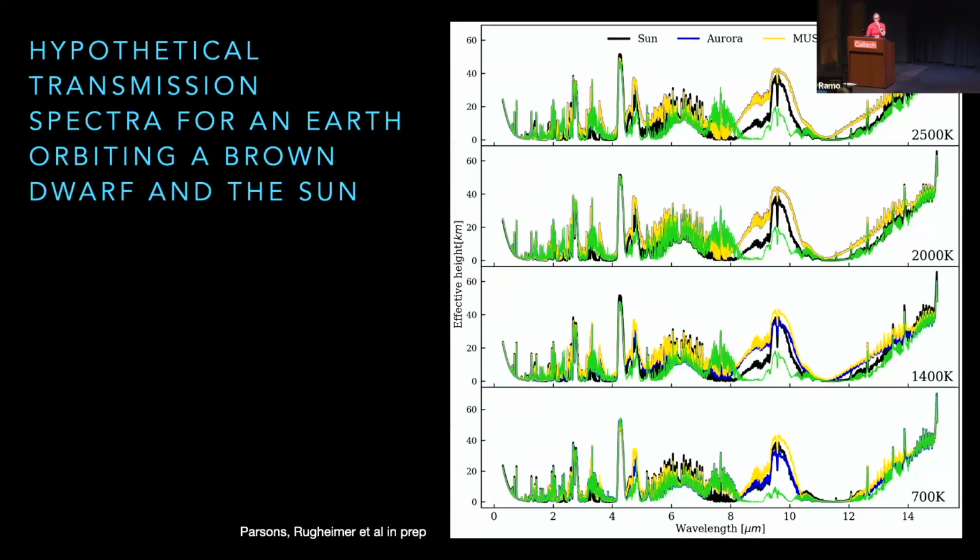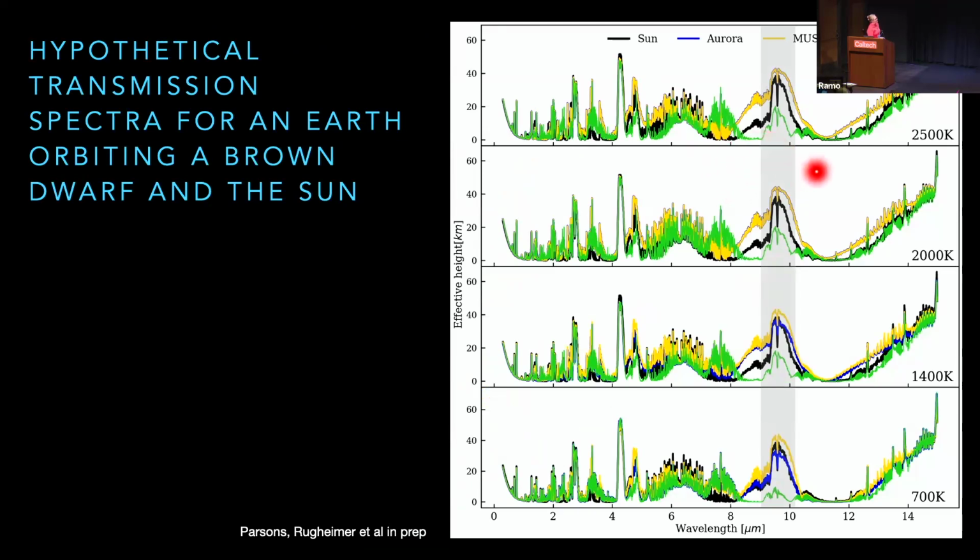So then if we look at the hypothetical transmission spectra for an Earth-like planet orbiting the brown dwarf and the Sun, here I'm going to highlight, again, the ozone feature. You can see the Earth-Sun system is in black, and then you have our Earth-like planet orbiting the brown dwarf in these other colors.